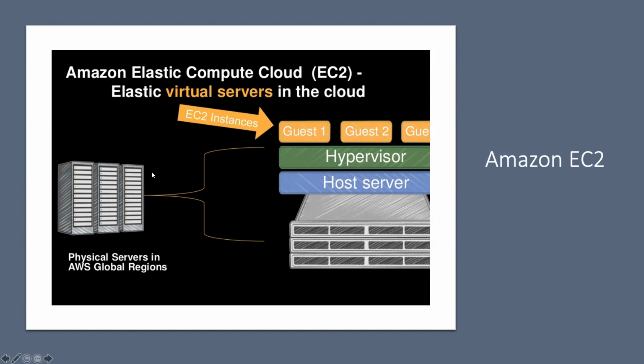It's just a physical server hosted in some AWS global regions, and this is bare metal. On top of that, we have the host server, the hypervisor, and on top of the hypervisor, we have virtual servers. These virtual servers are EC2 instances, as defined by AWS.